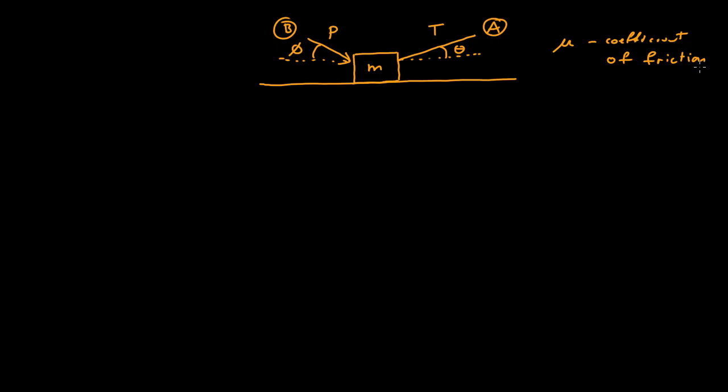And so we want to know, one, what is the acceleration of this mass? And I'd also like to ask the question after that, is there some angle phi where Bob is not helping?